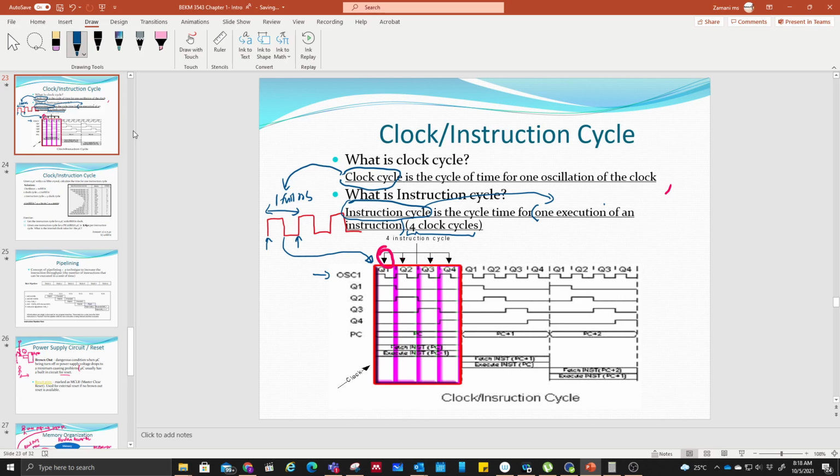So instruction cycle is actually 4 clock cycles. This is considered one instruction cycle. This is actually going to be 4 clock cycles, which is going to be one instruction cycle.